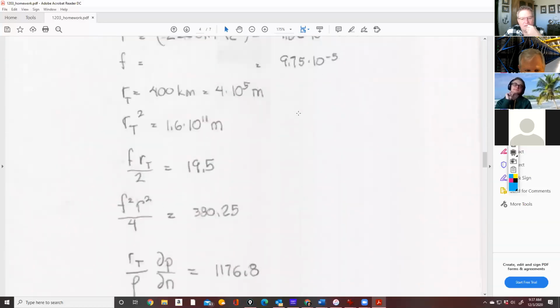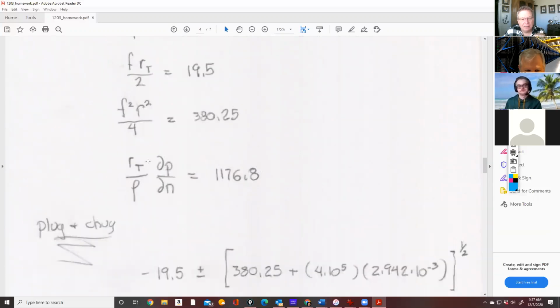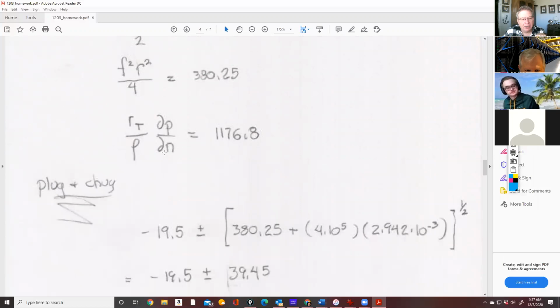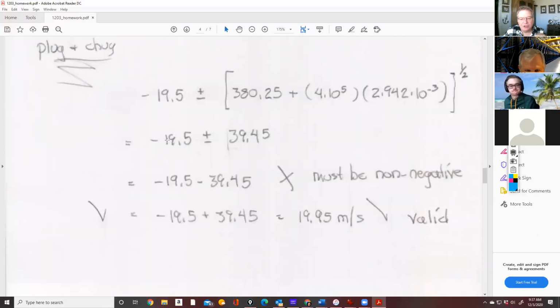Then he's using that formula for looking at the RT, which I've given you, and then he plugs and chugs, and he gets two answers: negative 19.5 plus or minus 39.4. So the first one is 19.95, which is the normal one. And it says must be non-negative, but this one would be the anomalous case that we just talked about. And notice that it would be much faster.